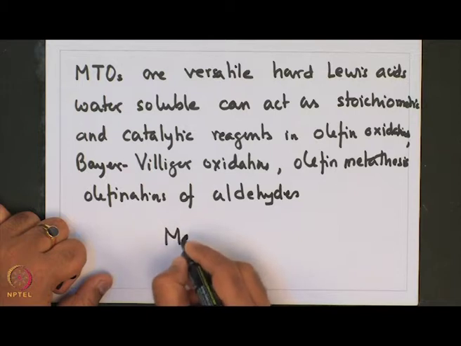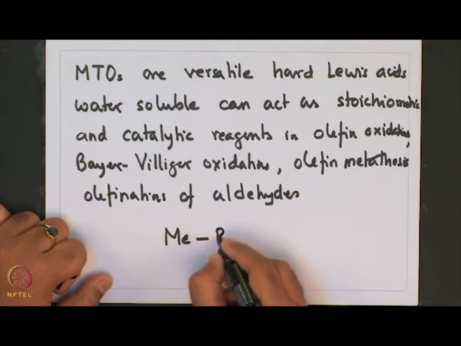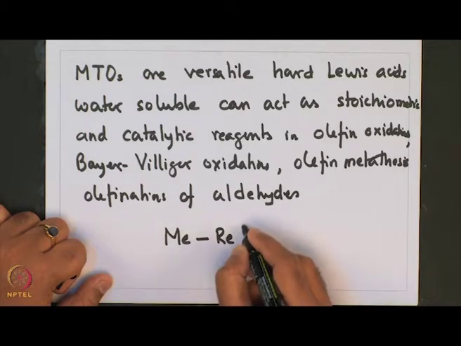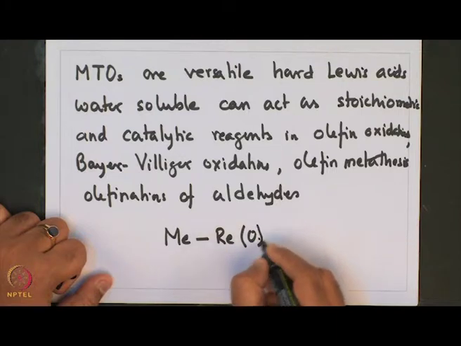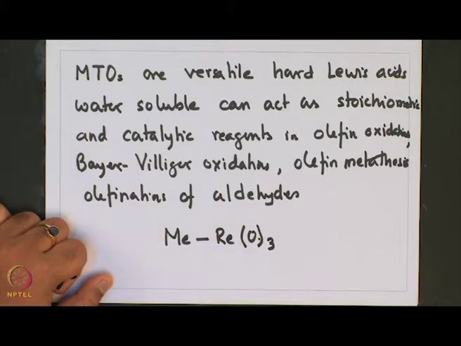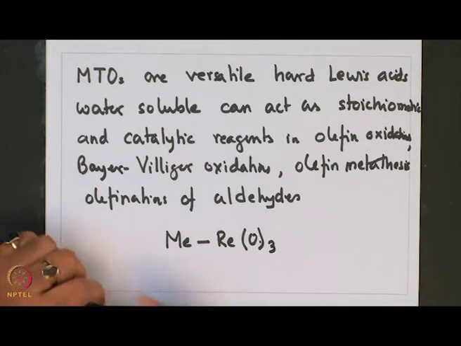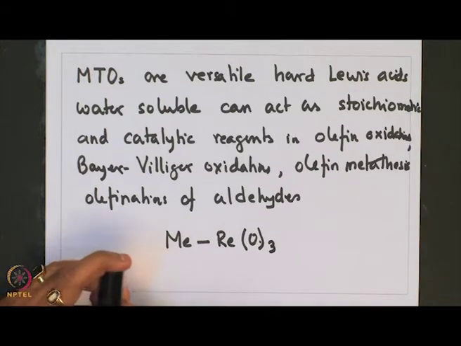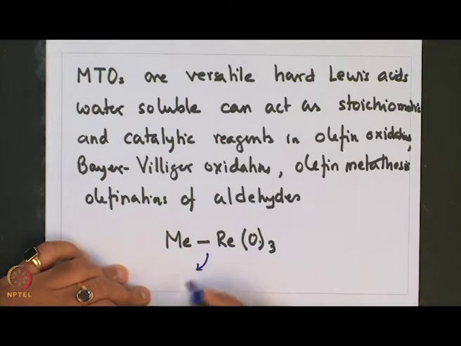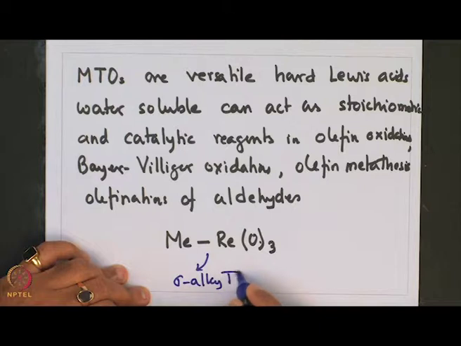So, what we see is that methyl rhenium trioxide compounds of this formula are very important reagents. These are sigma alkyl transition metal complexes.